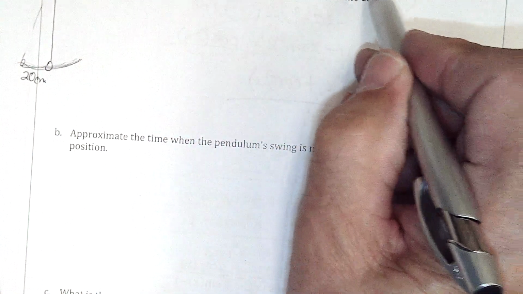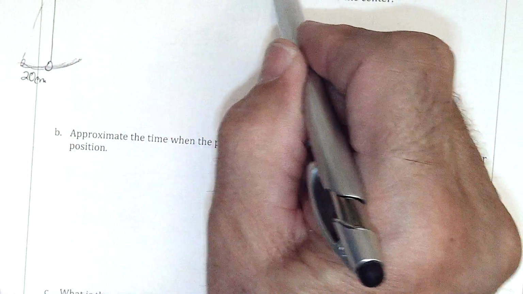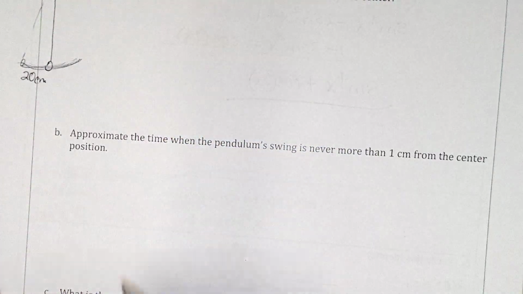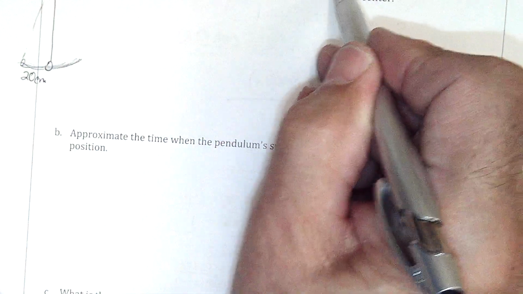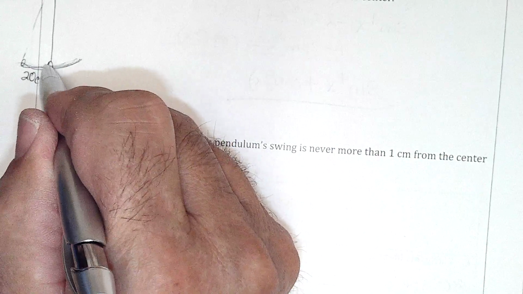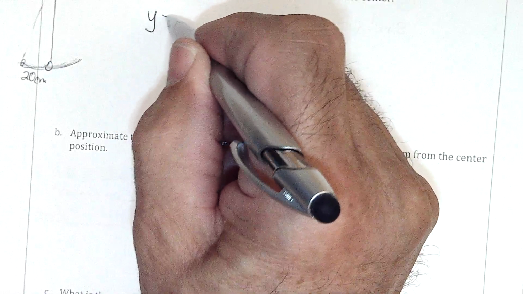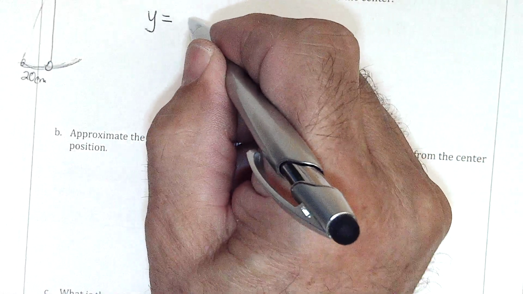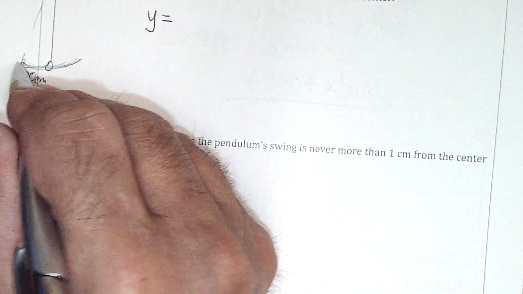Each period the amplitude is decreased by 1%. So the amplitude is what's in front of the function, and since we're starting not from the center line but off of it, I'm going to use the cosine. So its position is going to be, and that's negative.